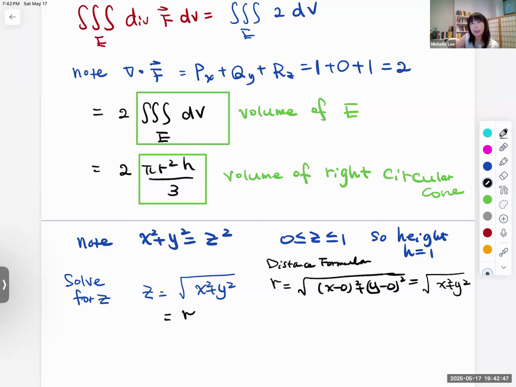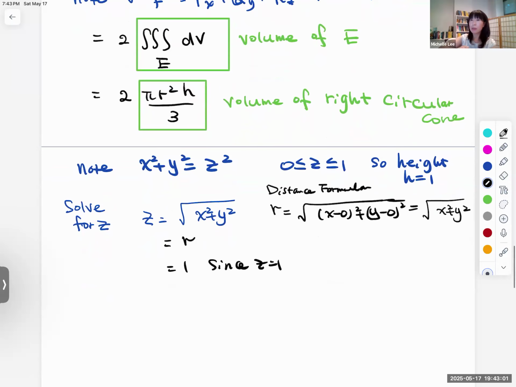Since z is between 0 and 1 and z equal to 1, the radius is 1. Make sense?